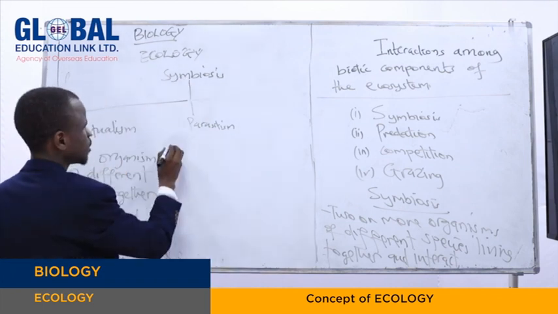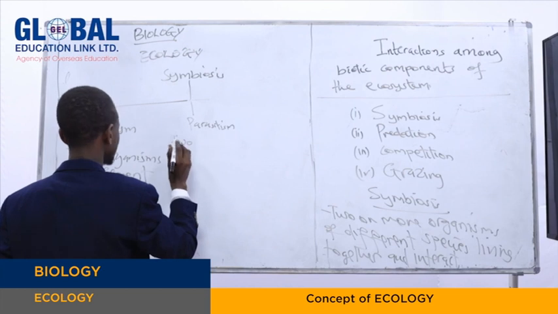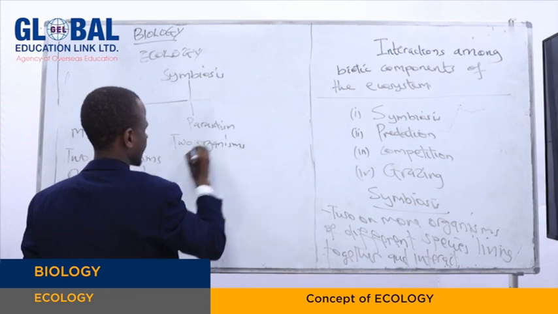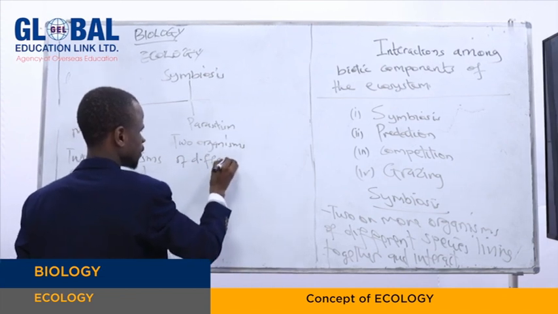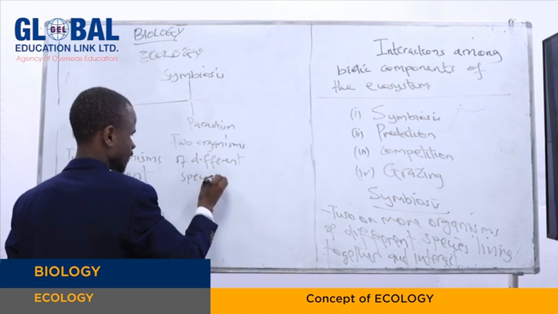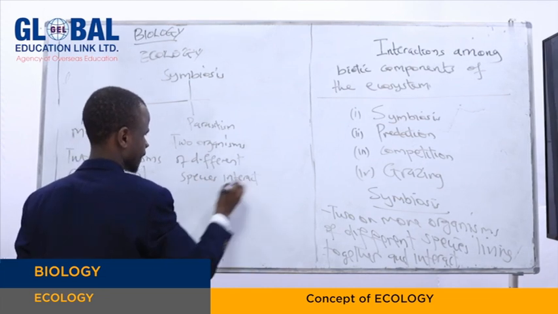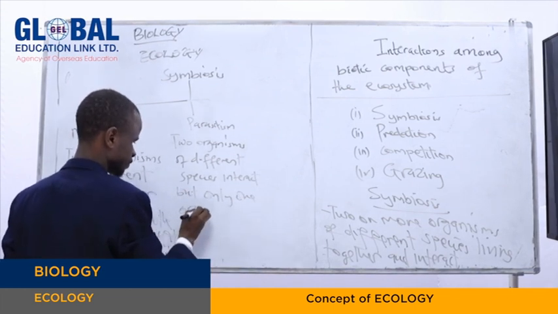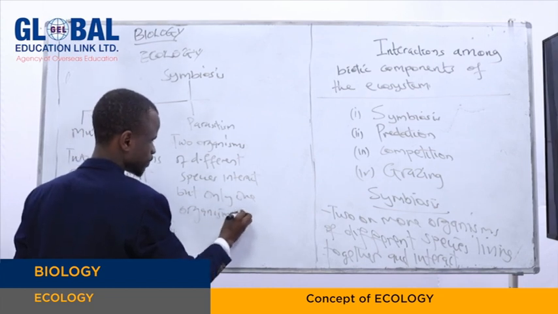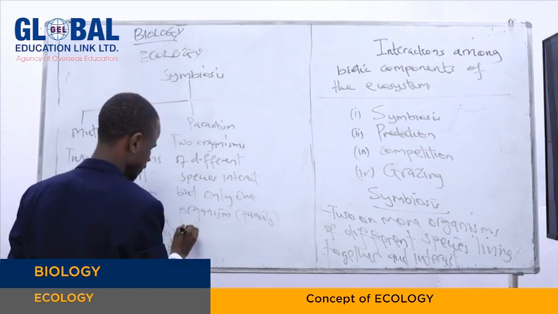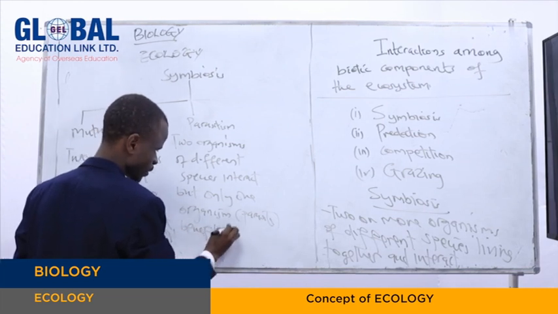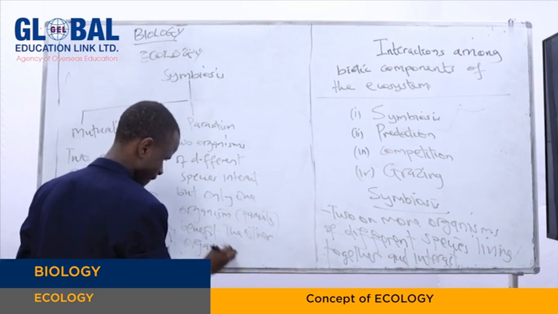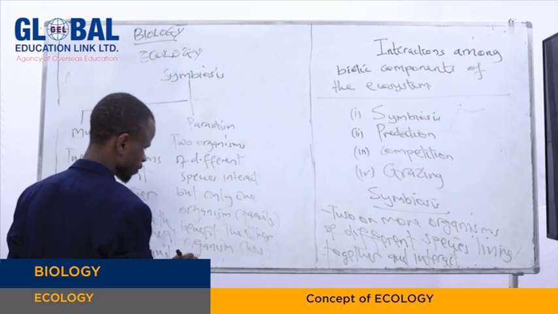Therefore, 2 organisms of different species interact, but only 1 organism, which is called the parasite, benefits. The other organism, called the host, is harmed.